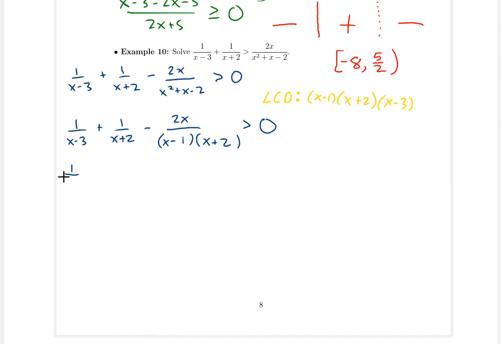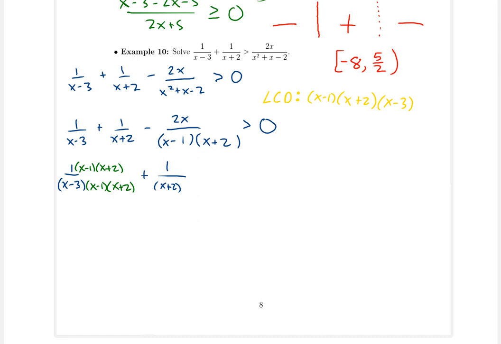So I have 1 over x minus 3, and I am going to multiply that by, on top and bottom, x minus 1, x plus 2. Then 1 over x plus 2.